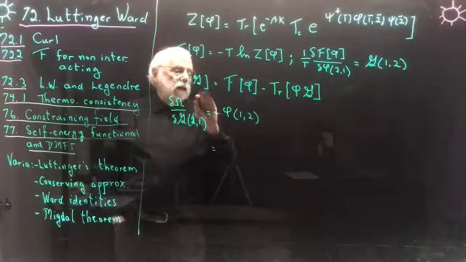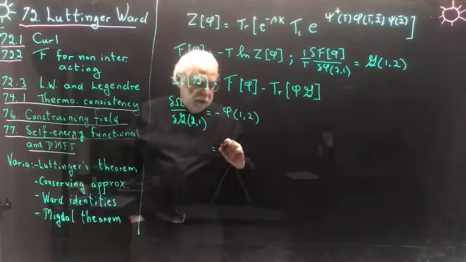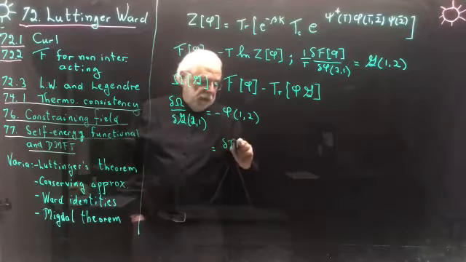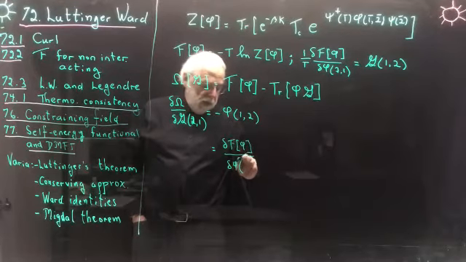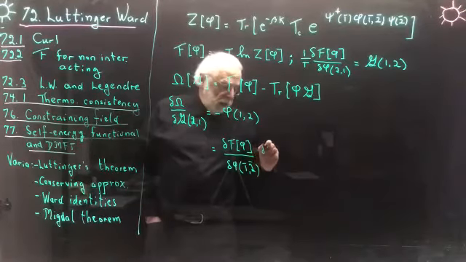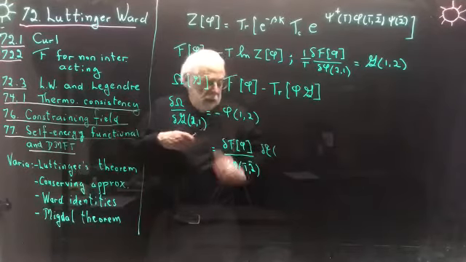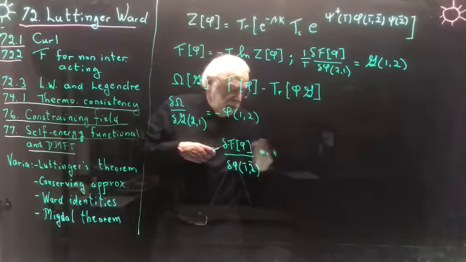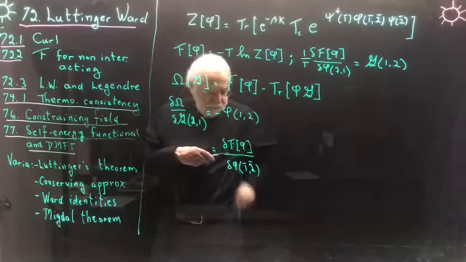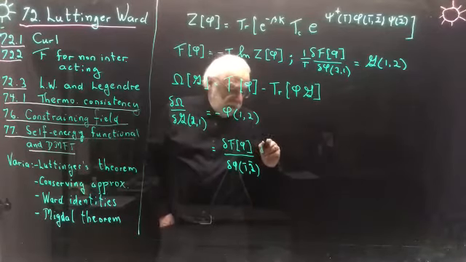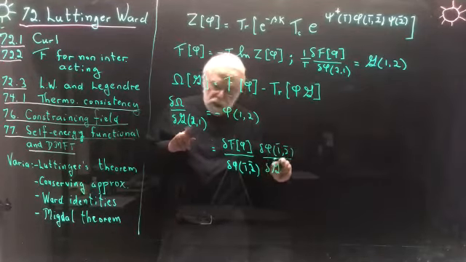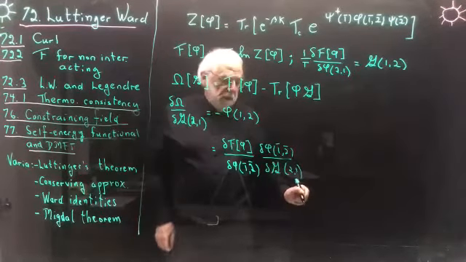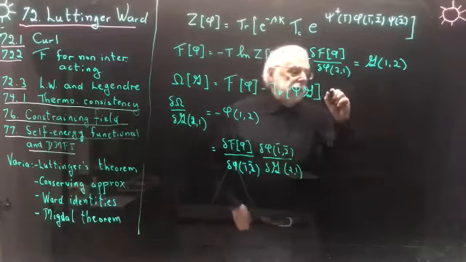If I take the functional derivative of F of phi with respect to G, I have to do delta F over delta phi 1 bar 2 bar times delta phi 1 bar 2 bar over delta G 2, 1. And now I have to define what I mean by this trace here.